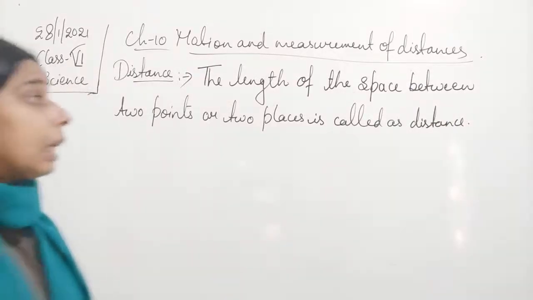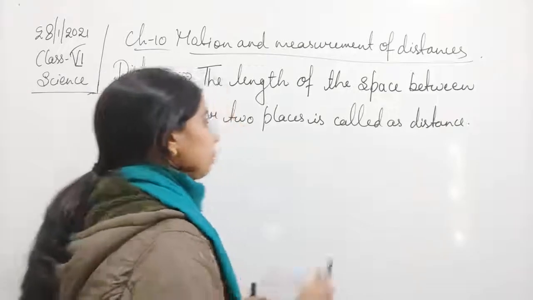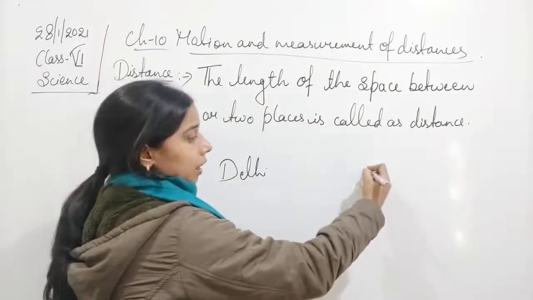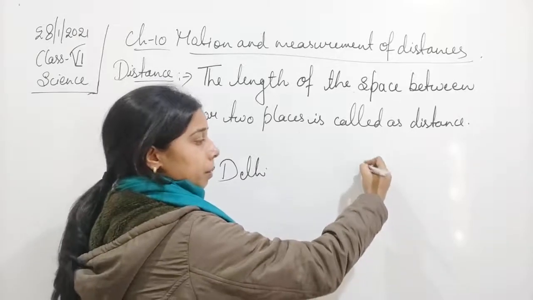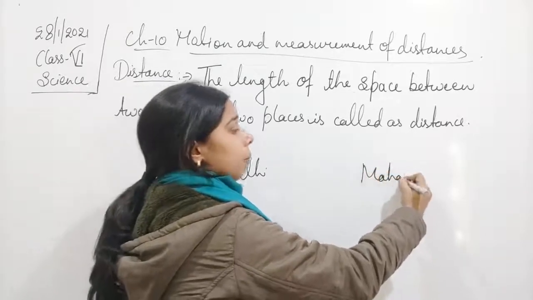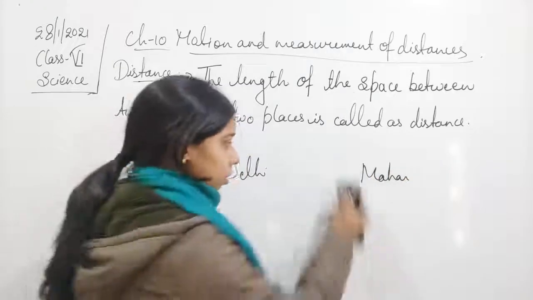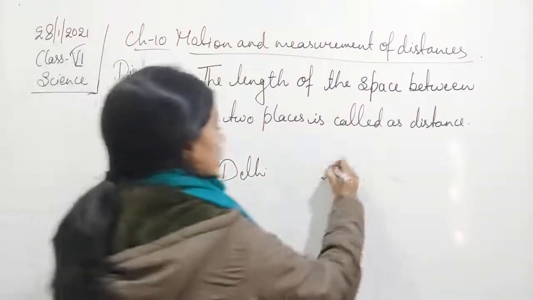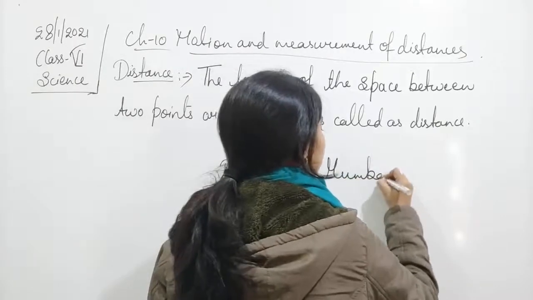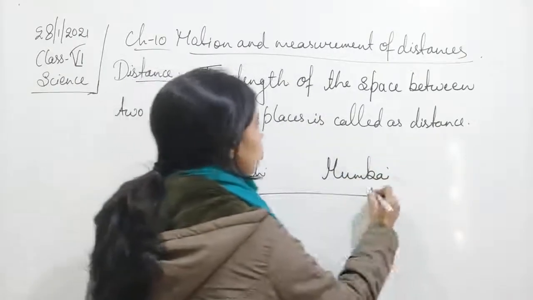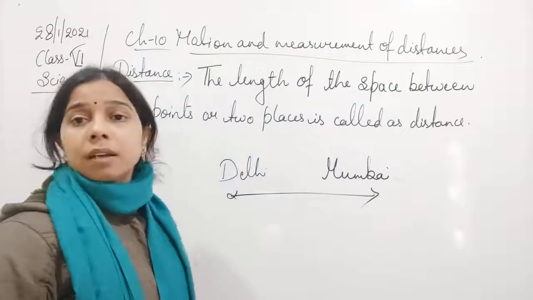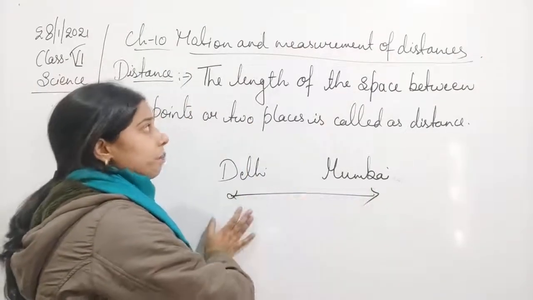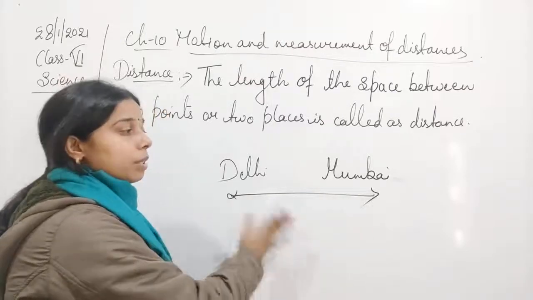Now we can understand this: suppose a person is living in Delhi and a person is living in Maharashtra or Mumbai. Then the distance between these two places, what is it, the point from this to this. So we can say the length between these two is the distance.